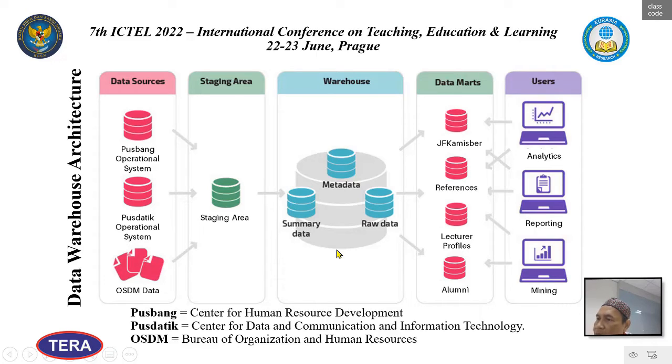Many things must be considered, such as the business cycle, data processing cycle, hardware, computer network infrastructure, and geographical variables. In the data warehouse column, there is usually raw data, metadata, and summary data.